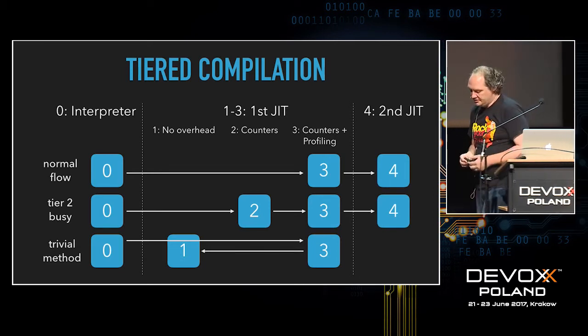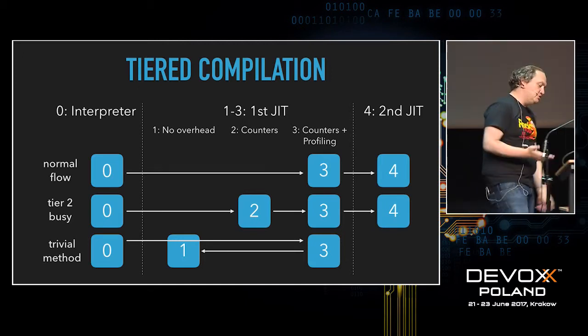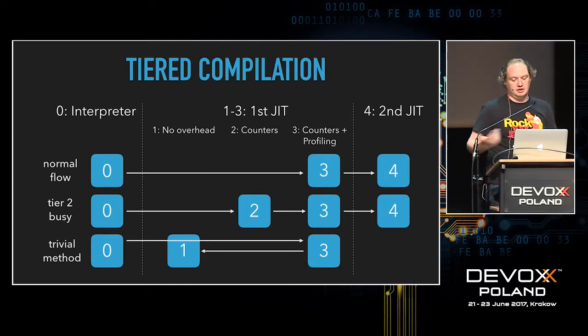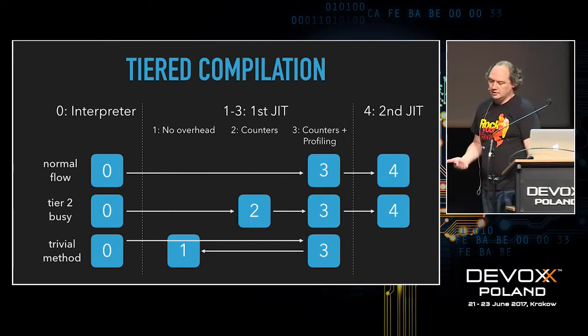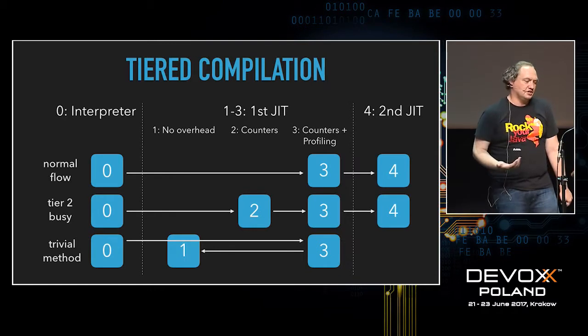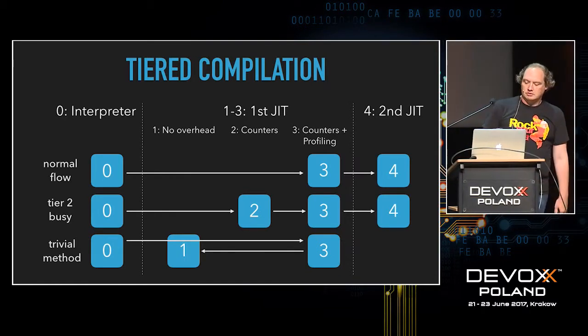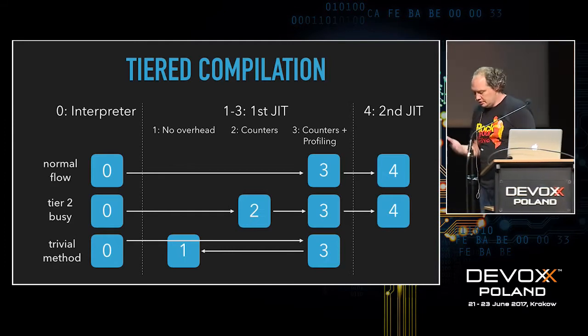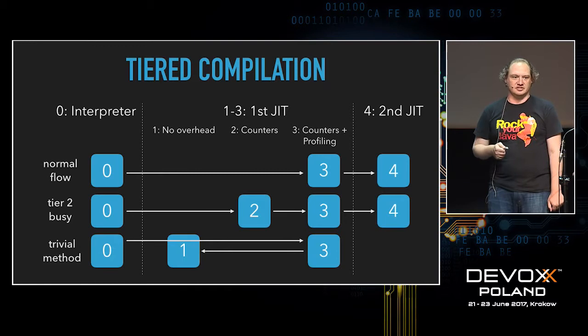And then there's one more case, a trivial method case. C2 is really good at loops and other more complicated control flow structures. But if you don't have any of that, you don't really need all the overhead of C2. So C1 will actually compile it, say at tier 3 or 2, and it'll go, well, that wasn't very hard. I can handle this.